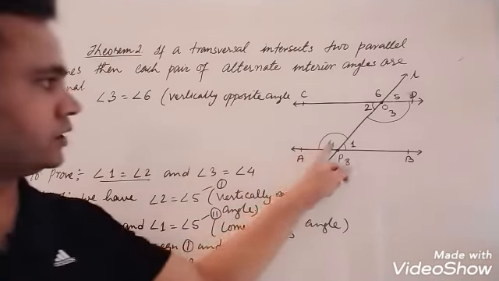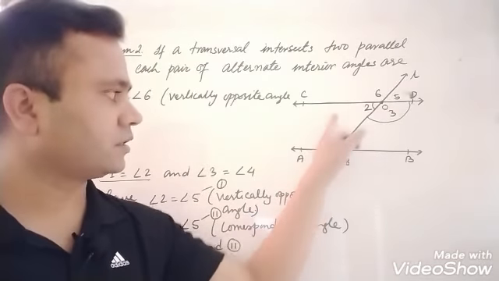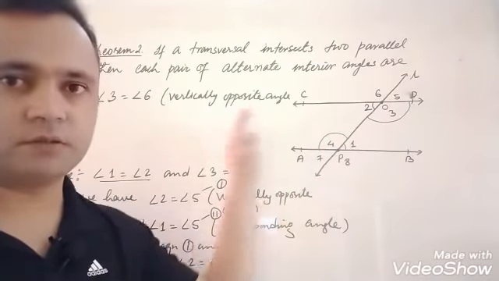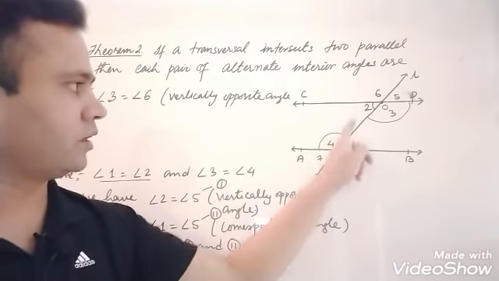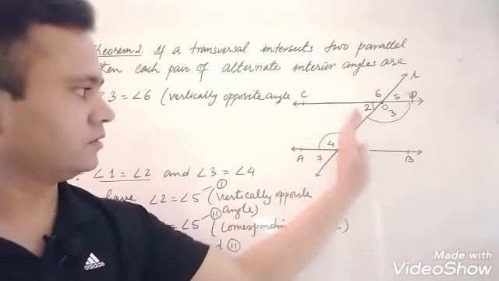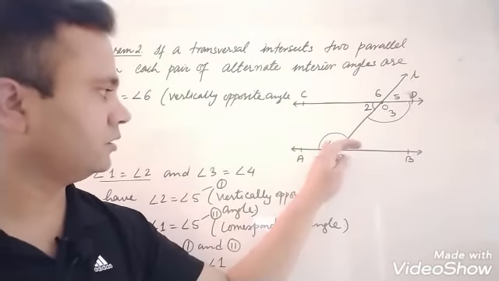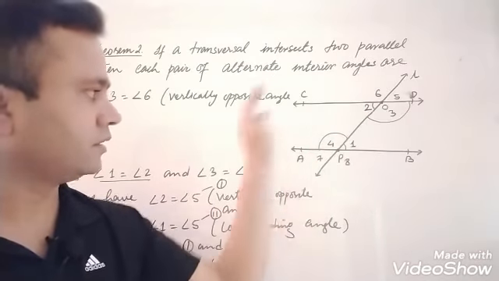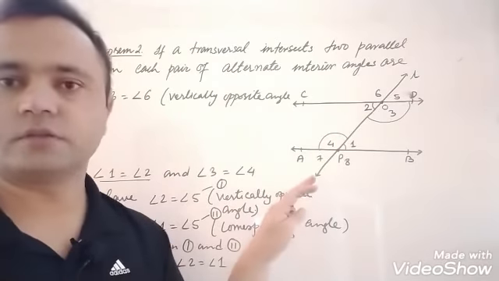So angle 4 equals angle 6. Why? Because these are corresponding angles, on the same side of the transversal. Angles 1 and 5 are on the right of the transversal, and 4 and 6 are on the left of the transversal, but they are on the same side of the transversal.